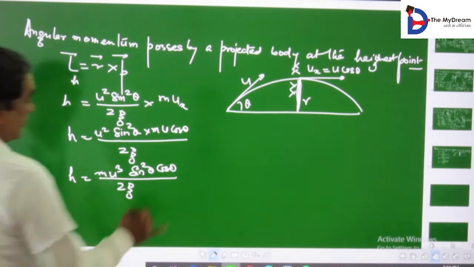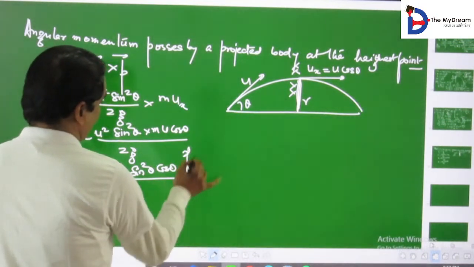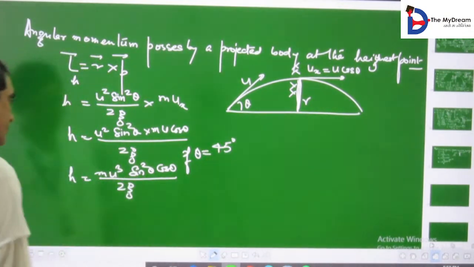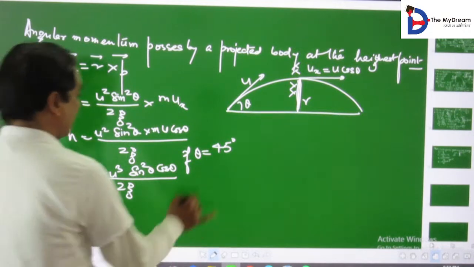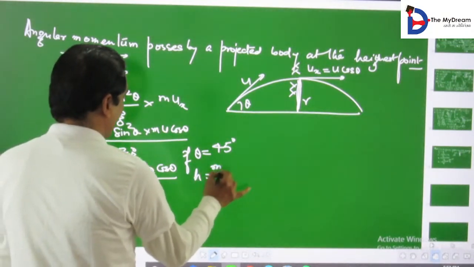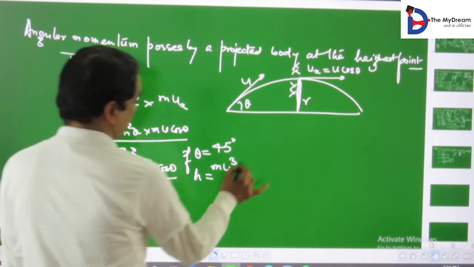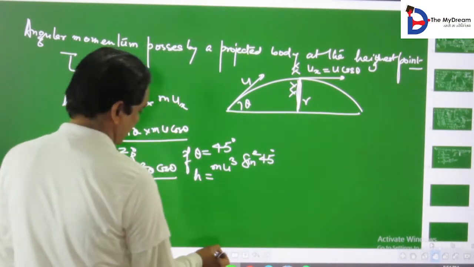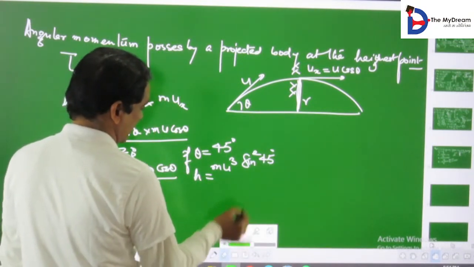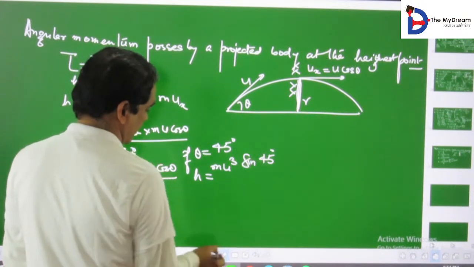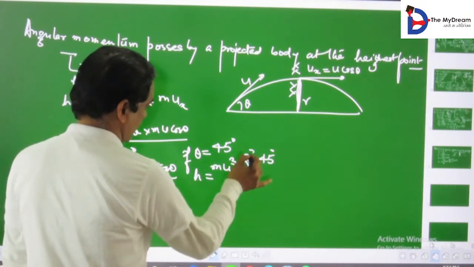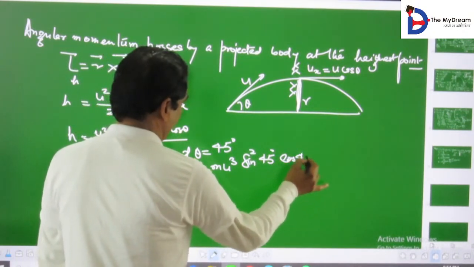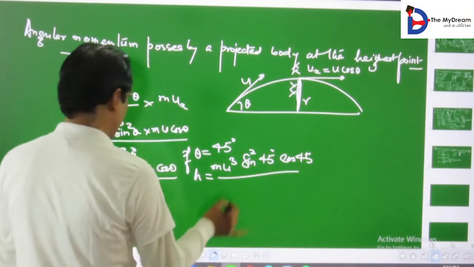If the angular projection is of 45 degree, then you will get mu cube sin square 45 cos 45 upon 2g.